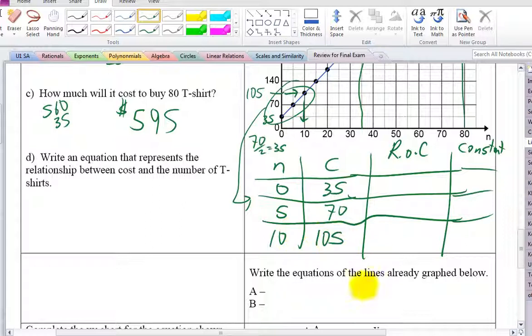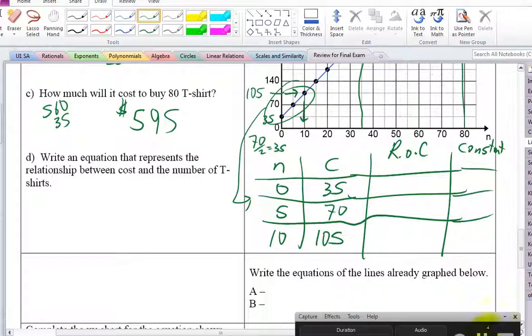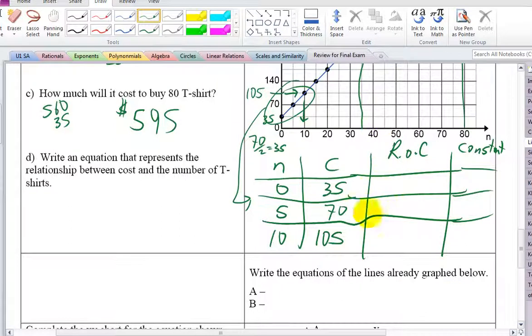Okay, for review, we helped you with your chart. Okay, finish that. So our rate of change is 35 over 5, which is 7. So we'd have 7 times 0, which is 0. 7 times 5, which is 35. 7 times 10, 70. All of these need plus 35.